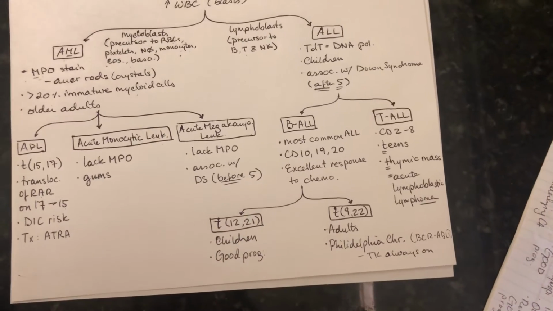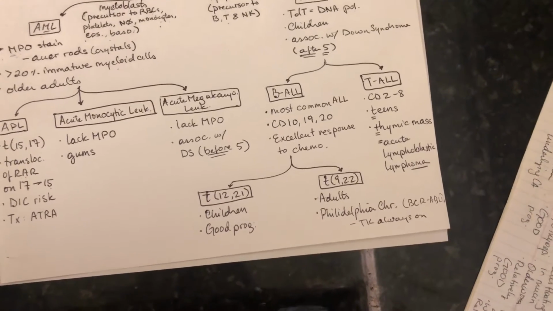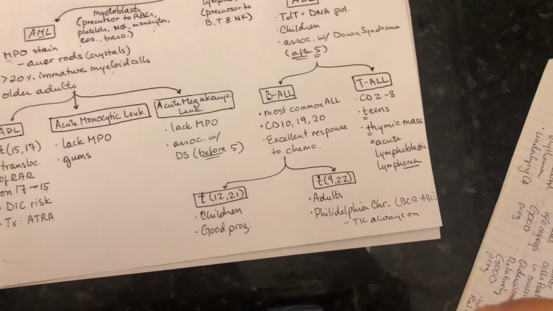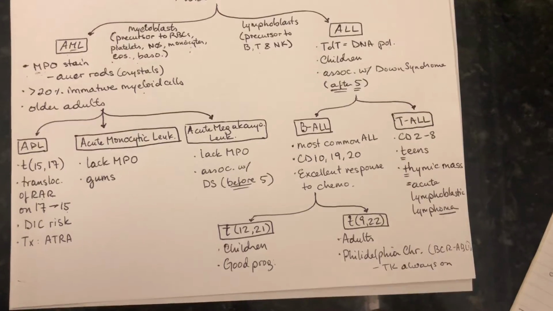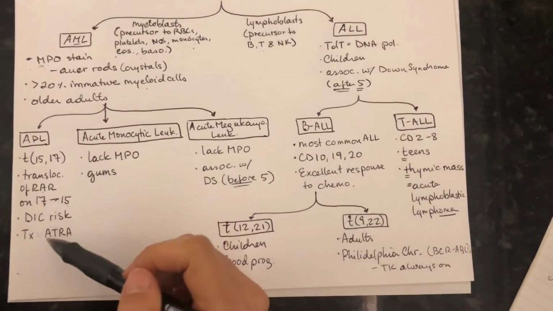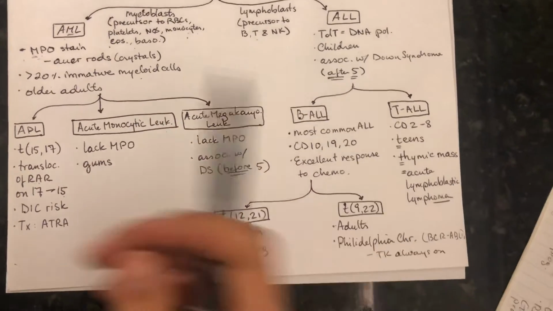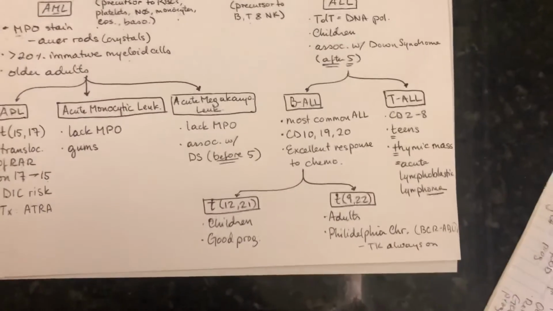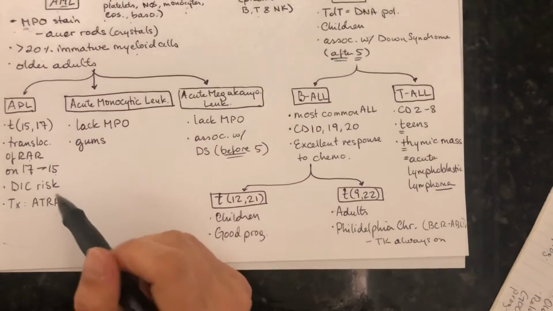The retinoic acid receptor is necessary for cell maturation, because it's a receptor for vitamin A, and as you know, vitamin A is necessary for cell differentiation and maturation. If that's not working because it's been translocated onto a different chromosome, we're not going to have cell maturation, so we're stuck with these blast cells, right?